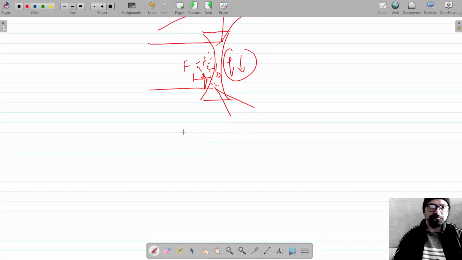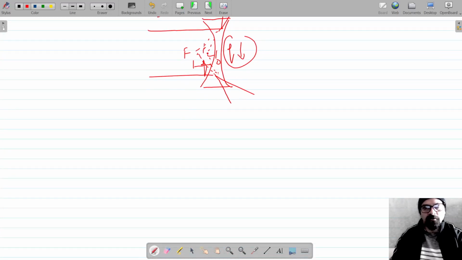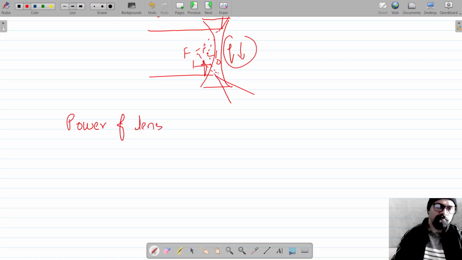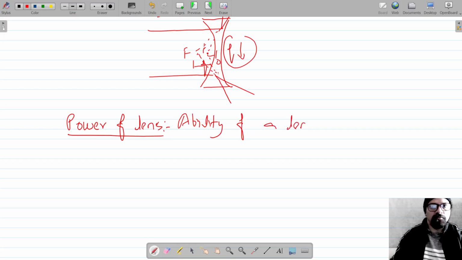So we can write that the power of a lens is the ability of a lens to converge or diverge the rays of light. So lenses are of two types. The convex lens will converge and the concave lens will diverge.